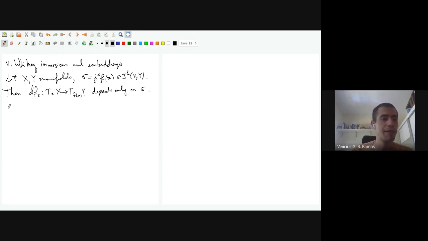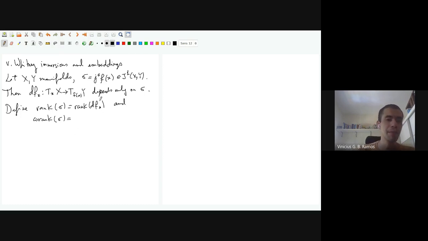So we can define the rank of sigma to be the rank of this df. Okay, and we define the co-rank, which sometimes it's easier to talk about, to be how far away from the maximum rank you are.